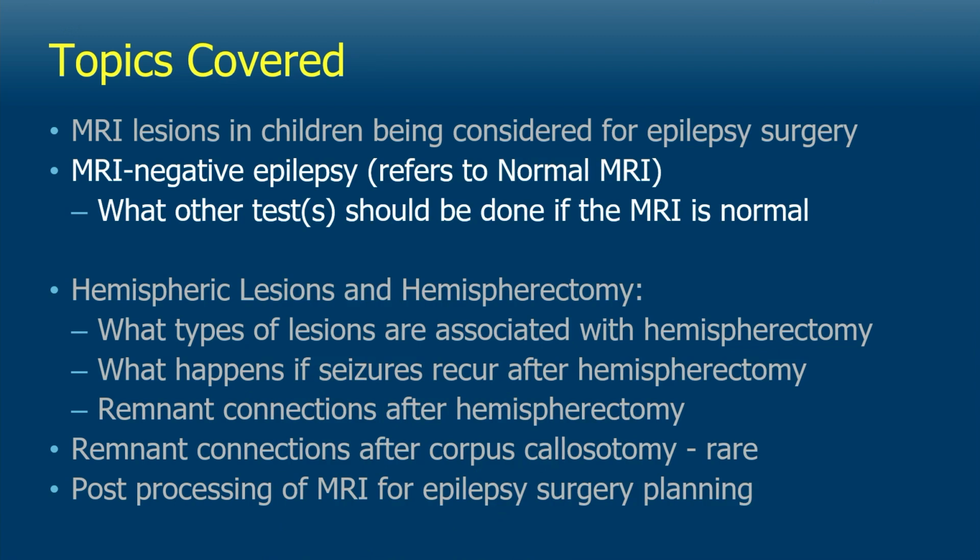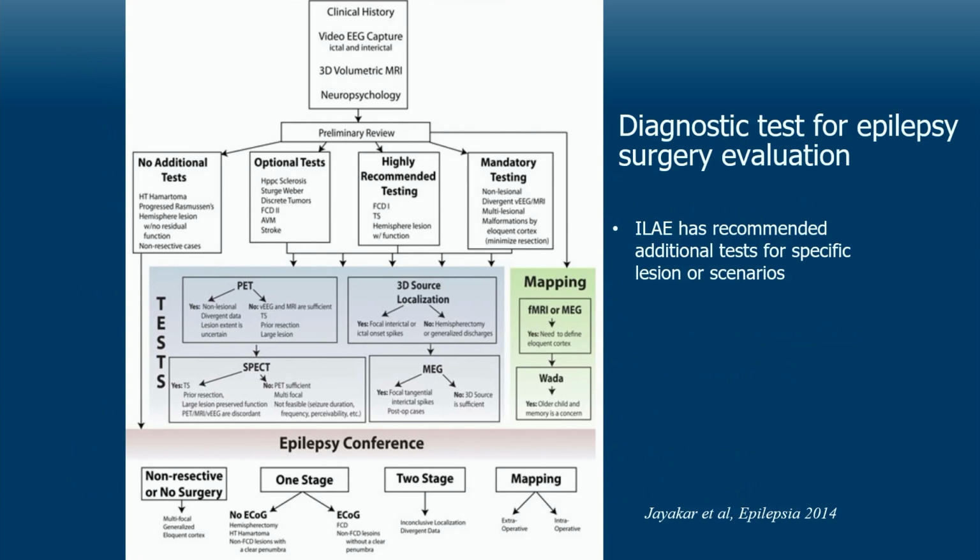Okay, so let's move on to look at MRI-negative epilepsy, which refers to children with epilepsy with normal MRI. The International League Against Epilepsy has recommended that additional tests, in addition to video EEG and MRI, should be done for specific lesions. Those specific lesions include focal cortical dysplasia or other scenarios such as patients with MRI-negative epilepsy.